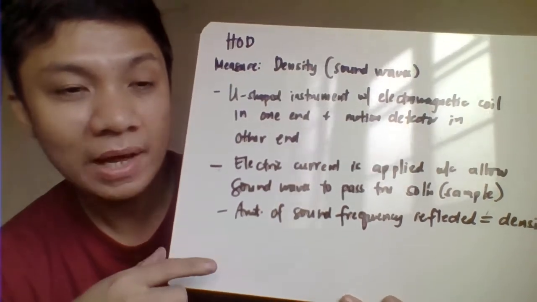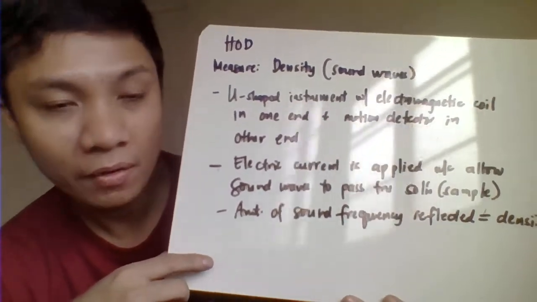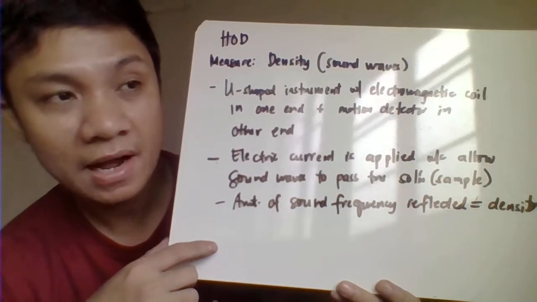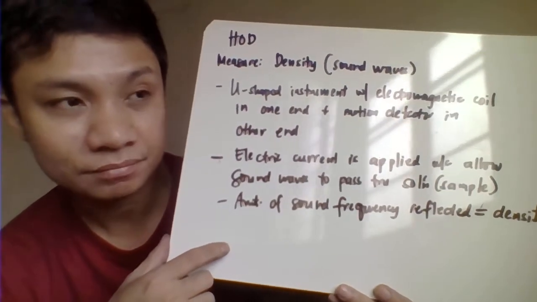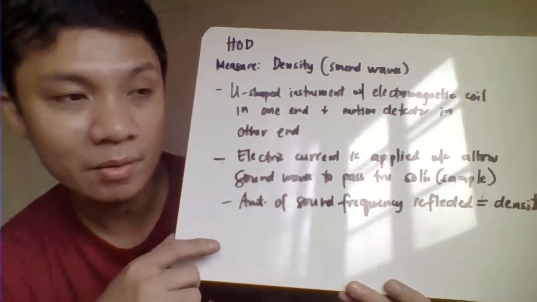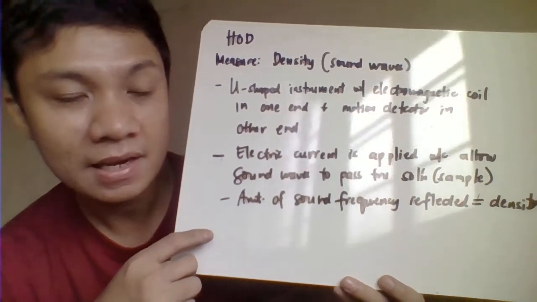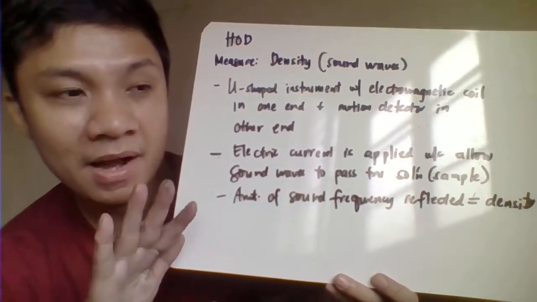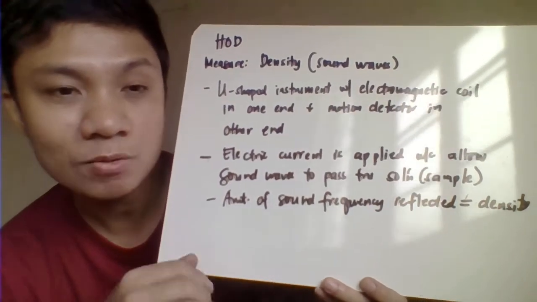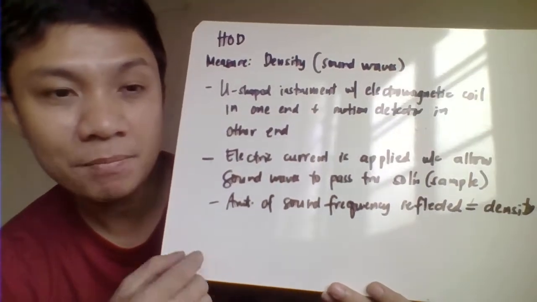One end of that contains an electromagnetic coil, and the other end would have your motion detector that would detect here the sound frequency. So it's based on the principle here that you apply an electrical current para magdumaan ang ating sound frequency sa solution natin or your urine sample natin.